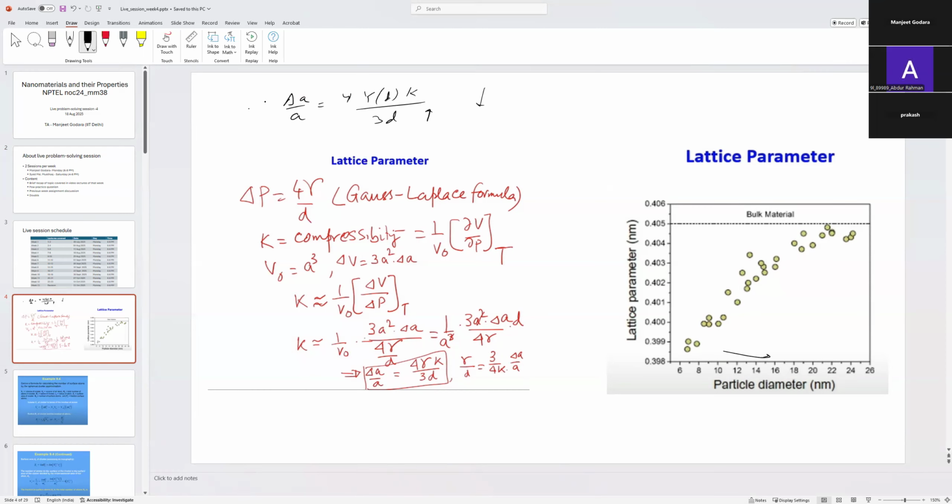But if you increase diameter, lattice parameter is actually increasing. That's because your interfacial energy is also a function of D, and this is a more dominant effect. So overall, when you increase D, your A is also increasing.